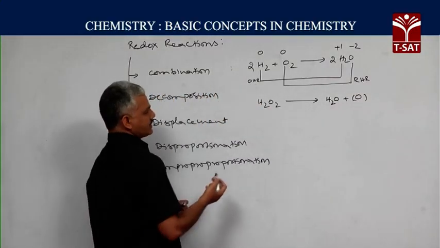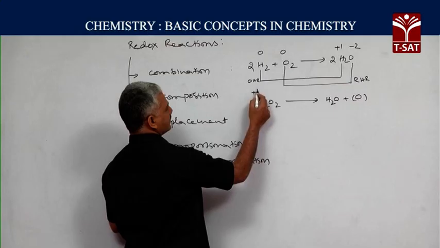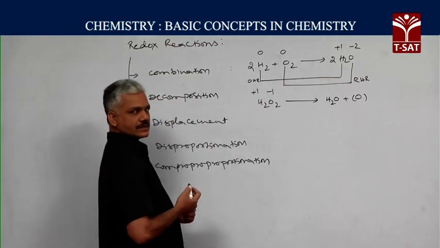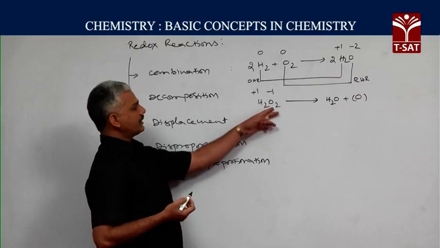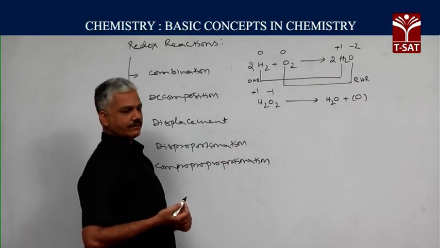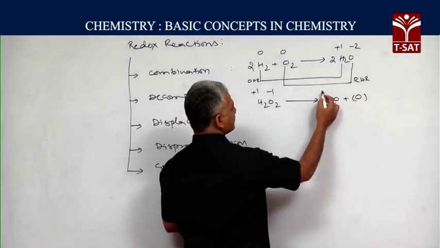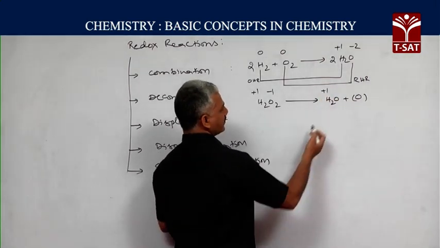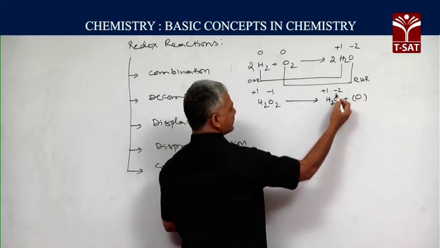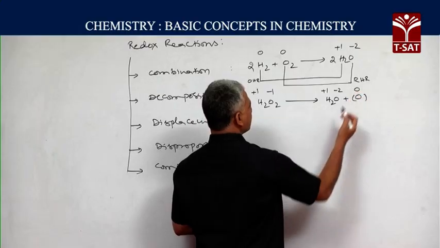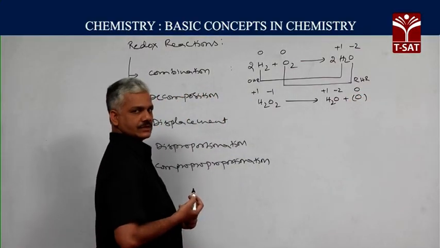In this reaction, hydrogen oxidation state is +1, oxygen oxidation state is -1, because in peroxides oxygen oxidation state will be -1. On the product side, hydrogen oxidation state is +1, in water oxygen oxidation state will be -2. For nascent oxygen, oxidation state will become 0.